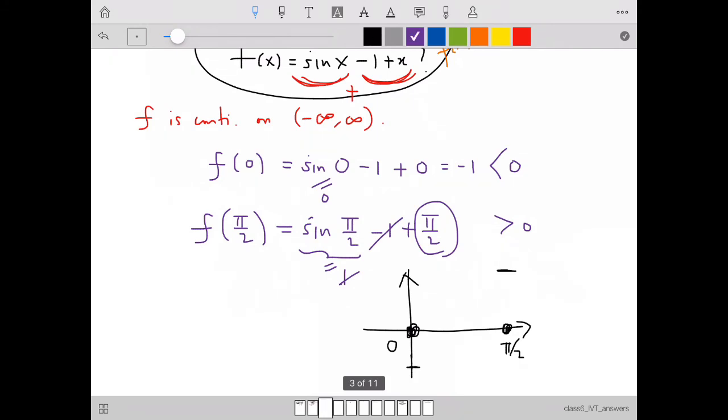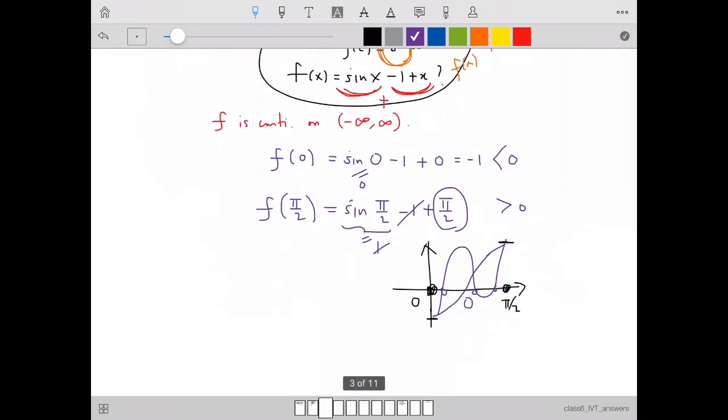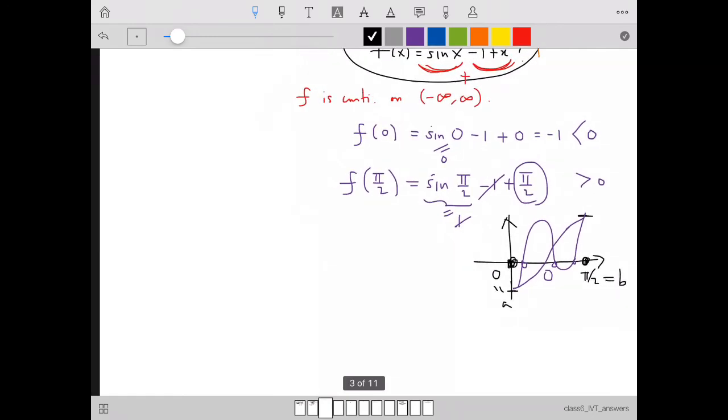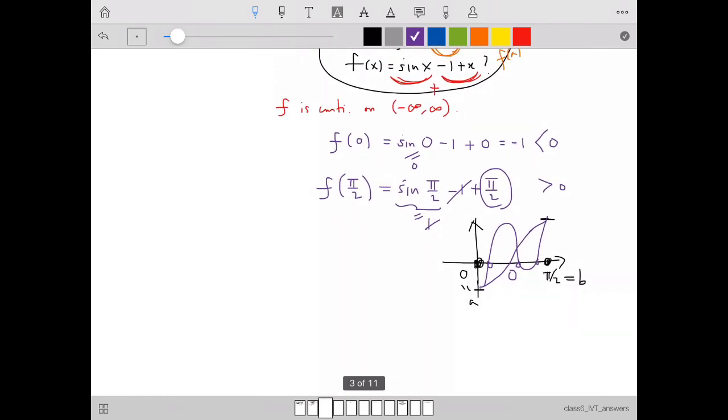So I don't know exactly how the graph goes, but it must go through 0 because f is continuous, right? It may go like this, but anyway, it has to hit 0 at some point. So let's write exact steps. So 0 is my a and pi over 2 is my b.